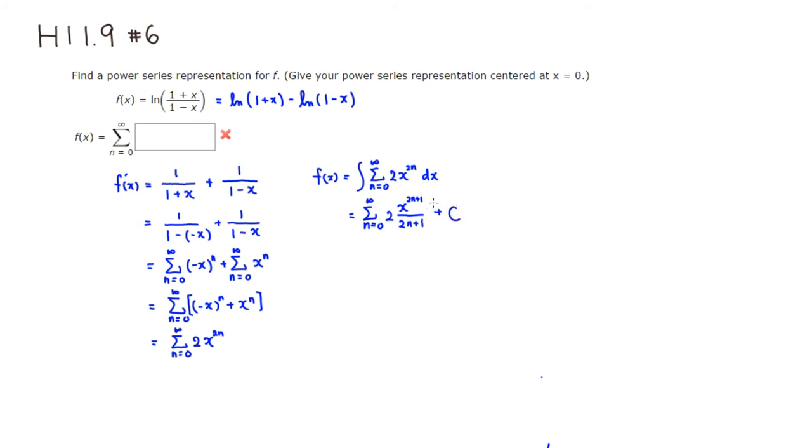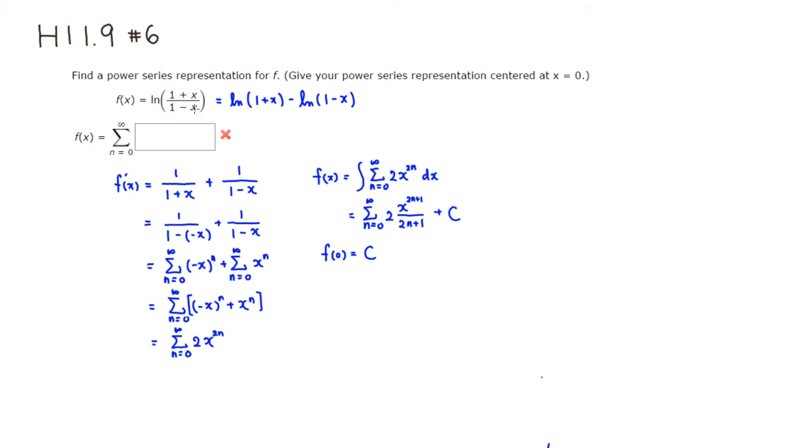We can find this constant c by looking at f of 0. If you look at the power series and plug in x equals 0, this whole thing is equal to 0 except for c. But the original formula is natural log of 1 plus x over 1 minus x.